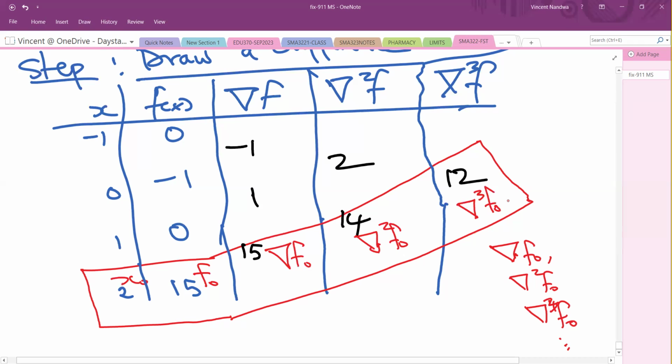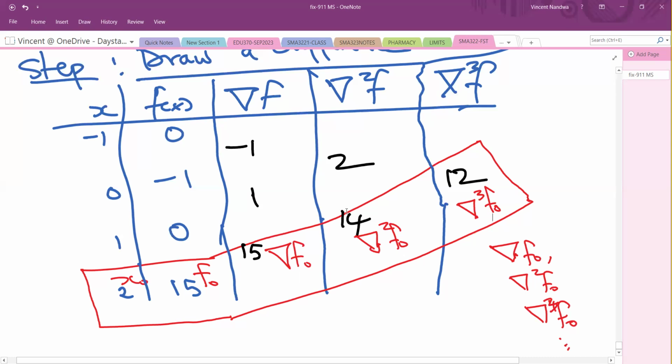When you're doing a general table, I will not read the values the way I'm labeling in this diagonal. But these labels in the diagonal are with respect to what we need to substitute correctly into the formula for Newton backward. Am I making sense? Good.